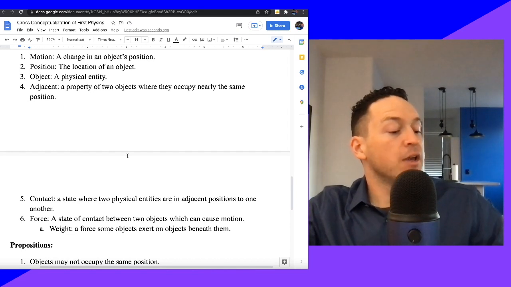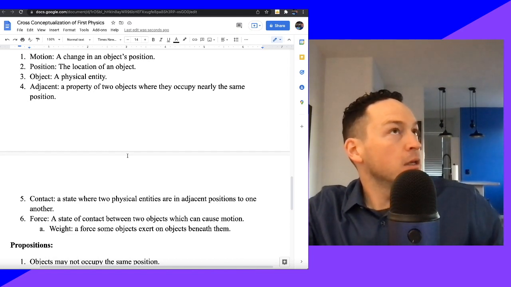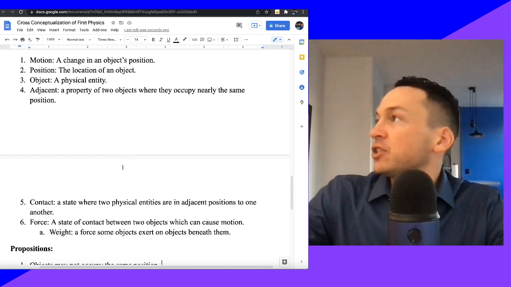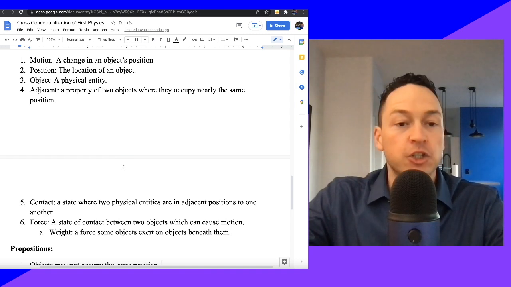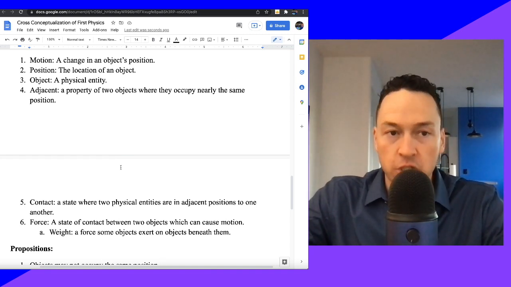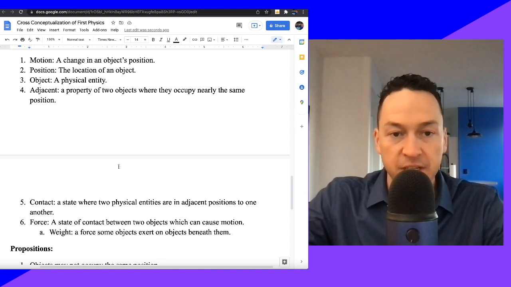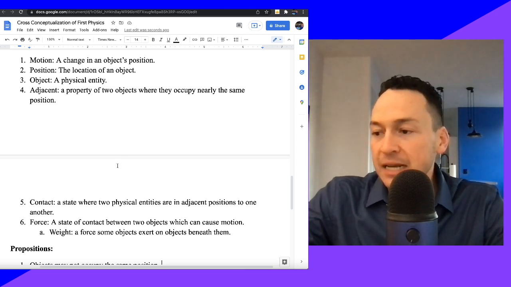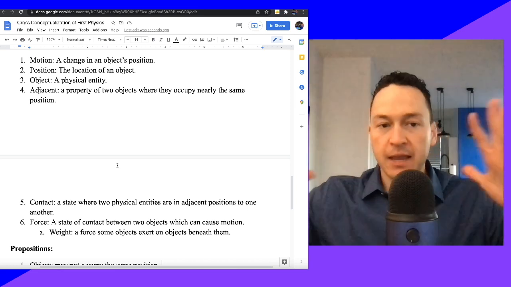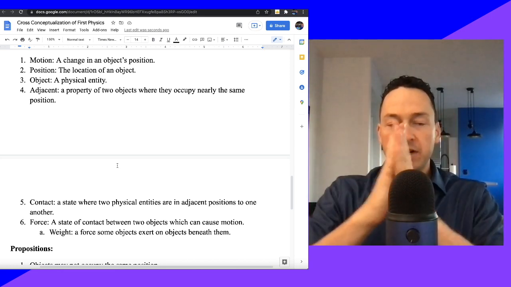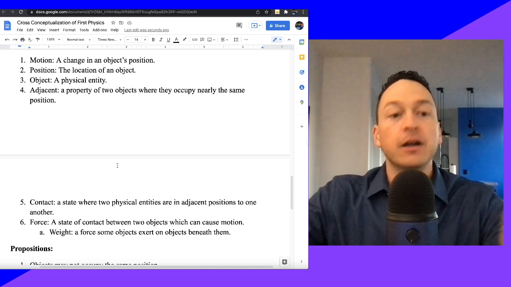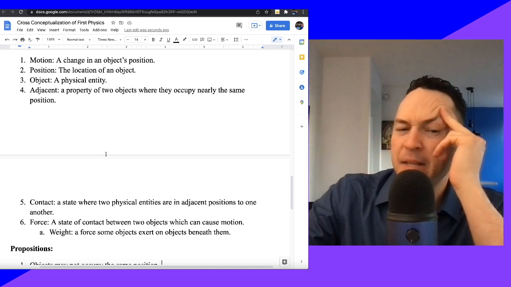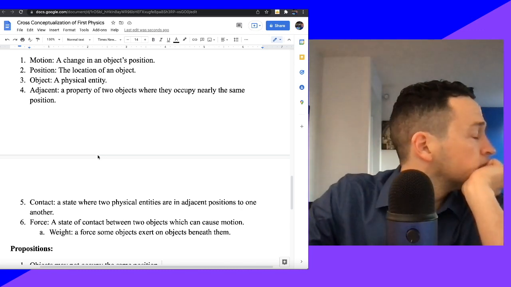Objects cannot occupy the same position. Now is that false? Well, no, that's just something generally true that we've seen. It's just a characteristic of position, that two objects don't have the same position. They don't, like in video games, merge into one another. They don't ghost into one another. Does that ever actually happen?